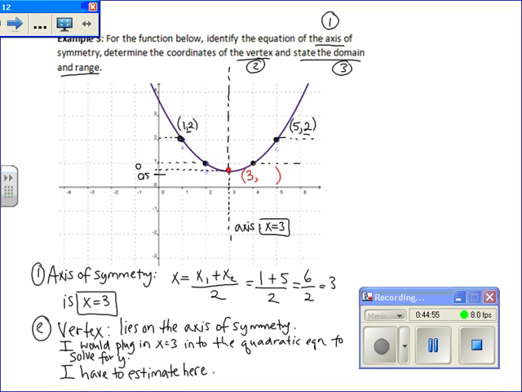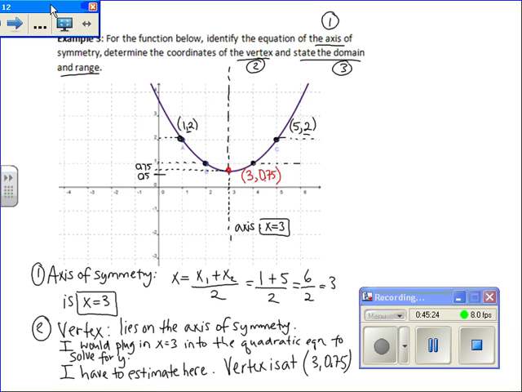So we might estimate that that's at about 3/4 or 0.75. So that would be a safe estimate. Again, if you had the equation, you would plug it in and figure out exactly what it is. So here's my estimate. My estimate is that the vertex is at (3, 0.75).